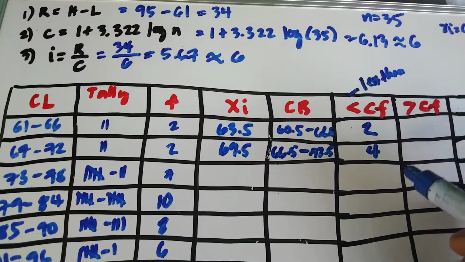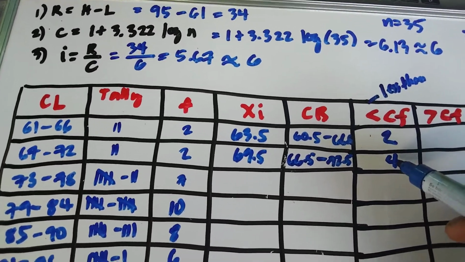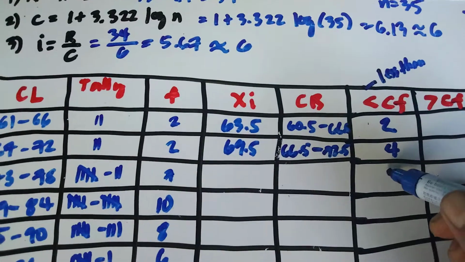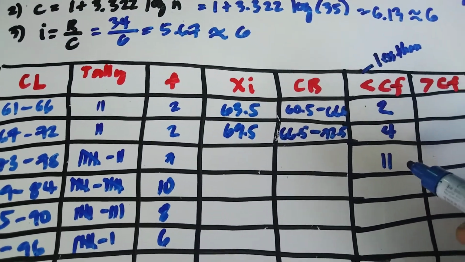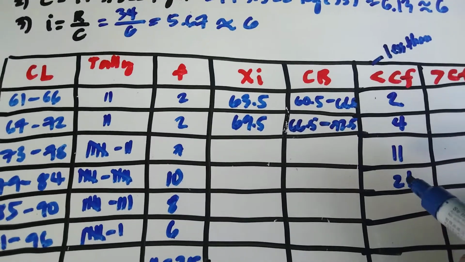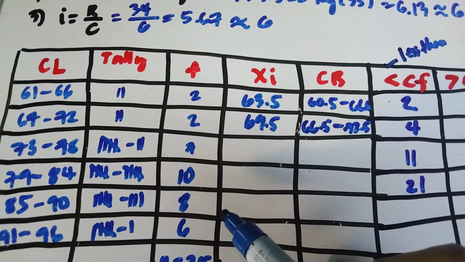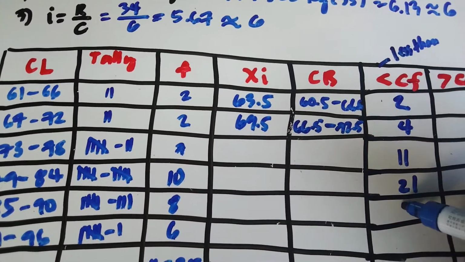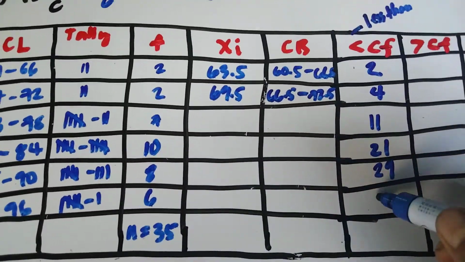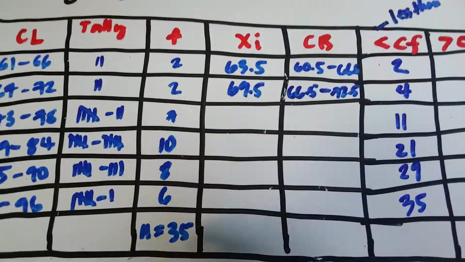Then 4 plus 7, you have 11. 11 plus 10, you have 21. 21 plus 8 is 29. 29 plus 6, you have 35. So the total is 35, we are correct.